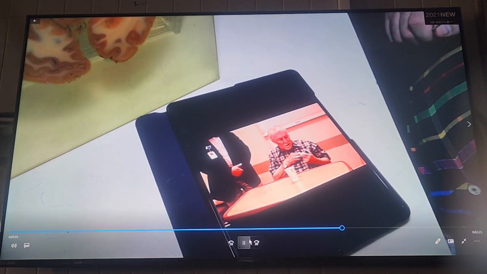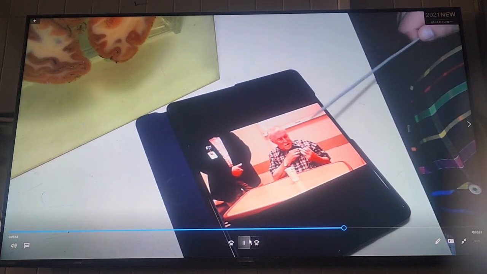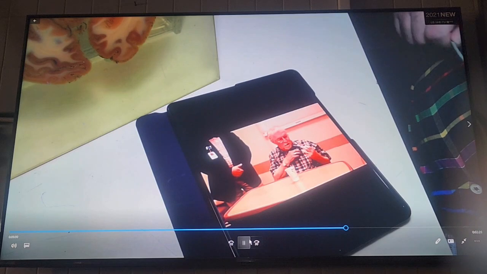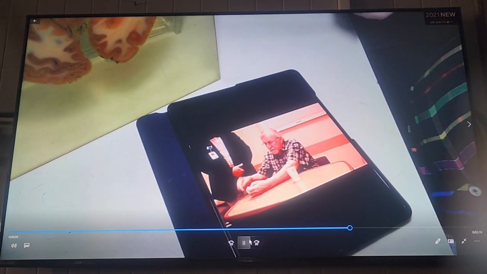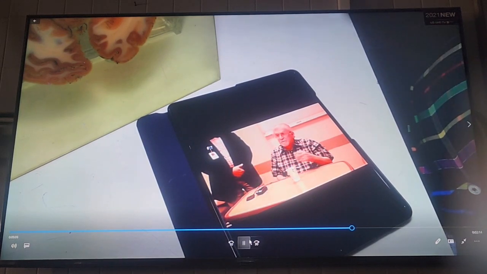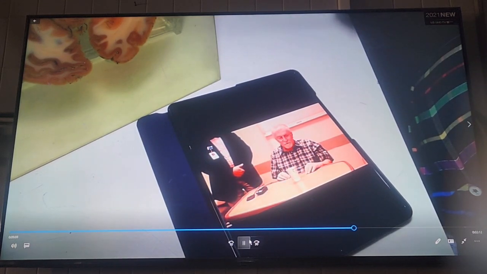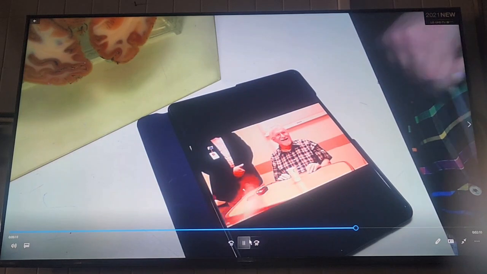As you see in this video, this patient suffers from Parkinson's disease, which results from degeneration of neurons and decreased dopamine level.